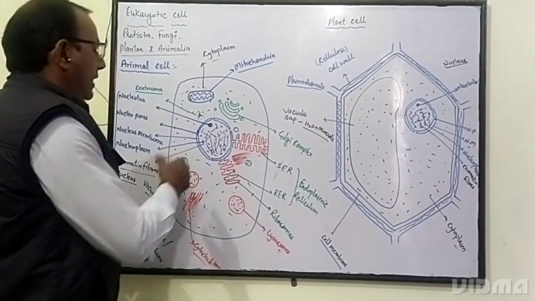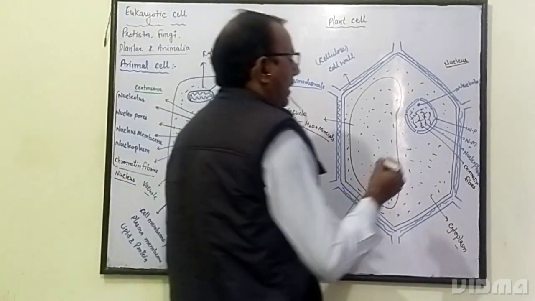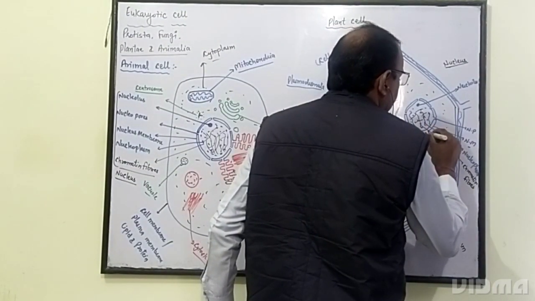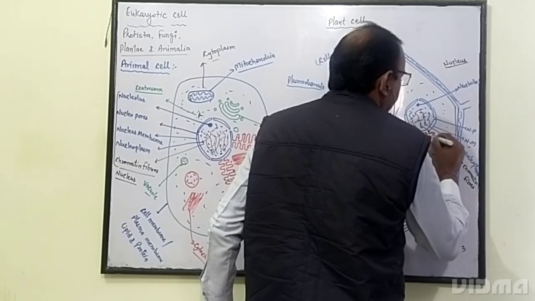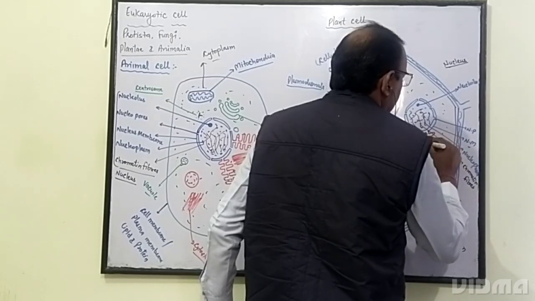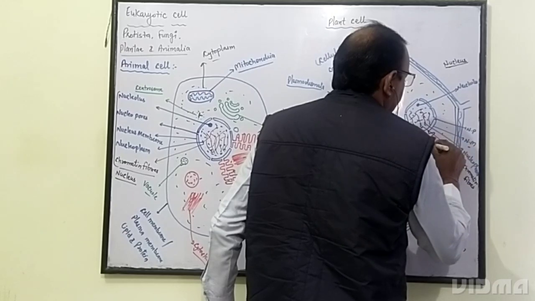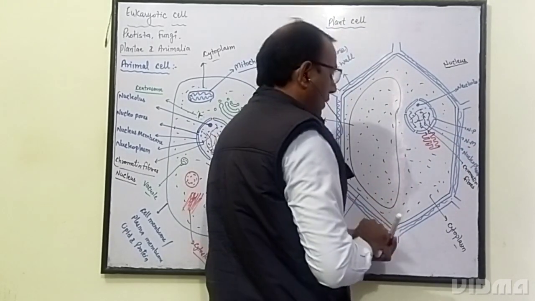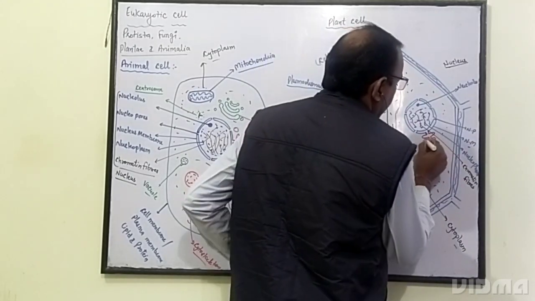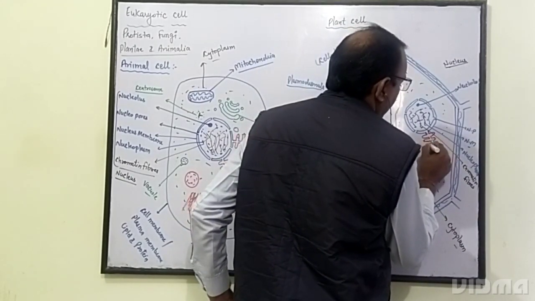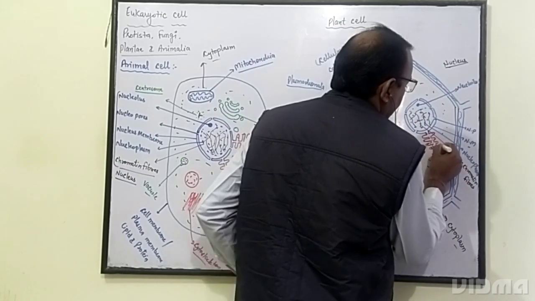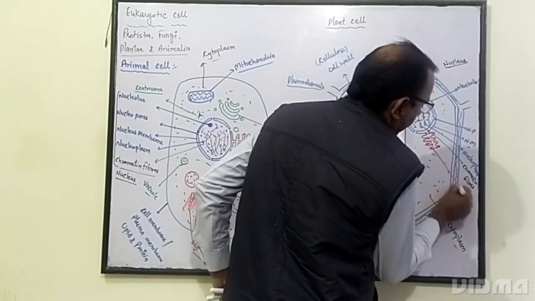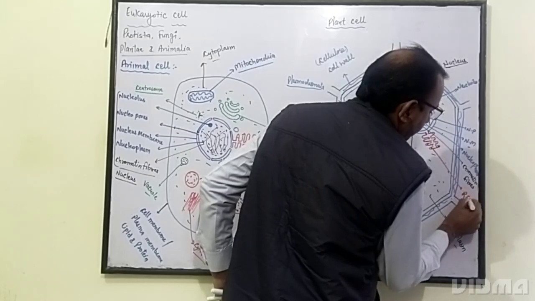Just like in an animal cell, the ER is attached on one side towards the nuclear membrane. This is the endoplasmic reticulum, and one type contains some dot-like structures. These are ribosomes. So we can say that this is the RER, rough endoplasmic reticulum.